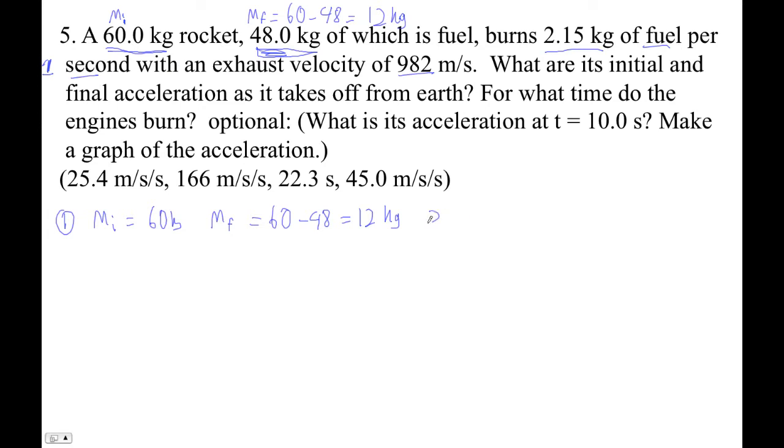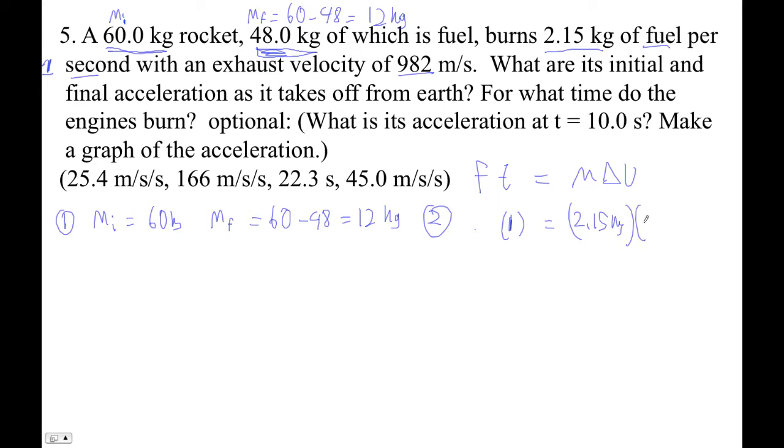Thing number two to figure out is the thrust of the engine. So we're going to do force times time, and this is one of those kilograms per second ones. So we remember we put 1 second as the time. It's 2.15 kilograms, the mass that it burns in 1 second.